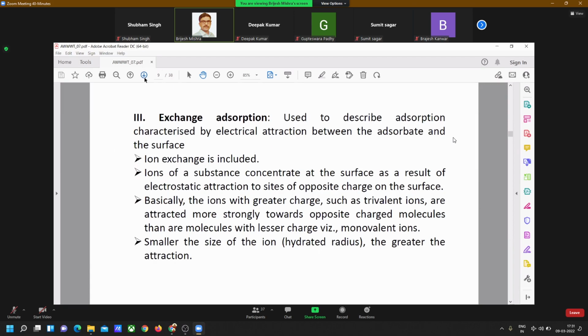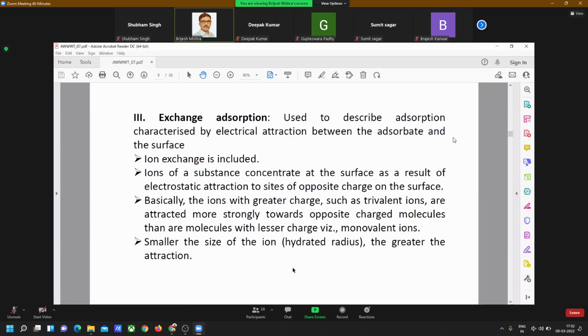Where does exchange adsorption take place? Ion exchange process. I think in the previous semester, all the MTech students became aware of that thing. That time I discussed those things. In ion exchange, there are cation reagents and anion reagents.